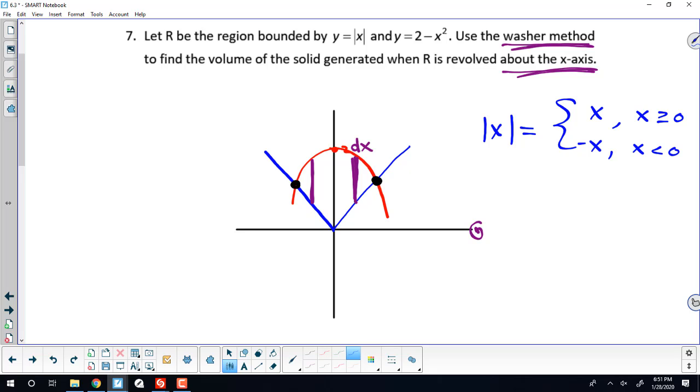So, instead of figuring out both intersection points, we can just look at it like this and double the volume. So let's calculate this volume and just double it. Does that make sense? That way we don't have to deal with the negative x part with 2 different definitions.